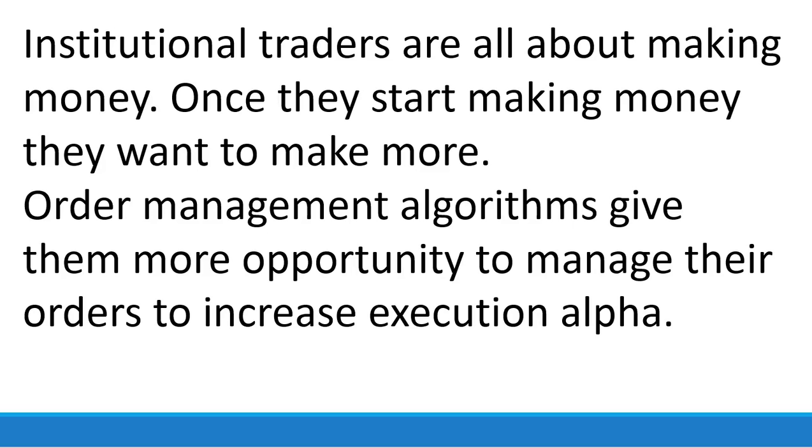Okay, so institutional traders are all about making money, and obviously once they start to make money, they want to make more. So order management algorithms give these guys more opportunity to manage their orders to increase execution alpha.